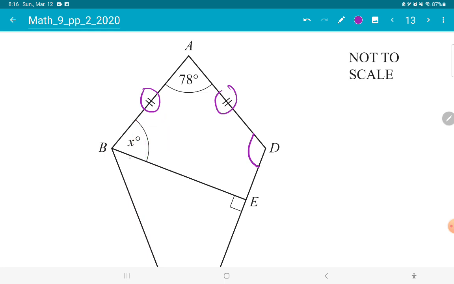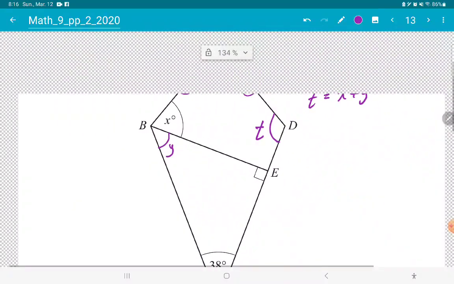So let me call this piece y, and this is anything, t. T equals x plus y. T equals x plus y by the definition of the kite. What they want? Calculate x.